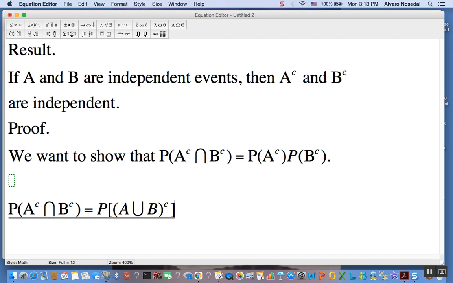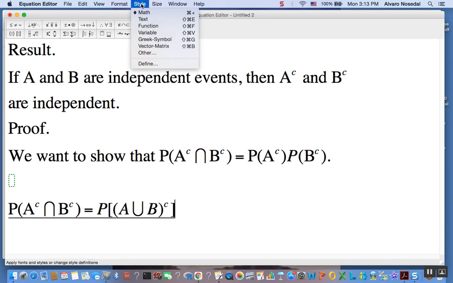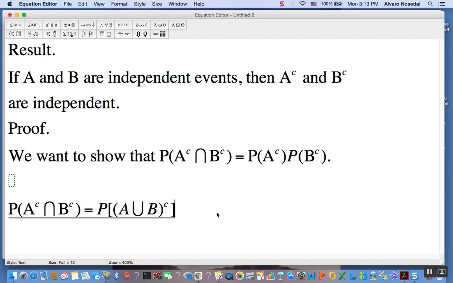So I'm not assuming, I'm not doing anything that I shouldn't be doing. Okay, I'm allowed to do that. Let me remind you that we get to do this by one of De Morgan's laws. We know that there's another one that has to do with going from unions to intersections. Okay, we're good.